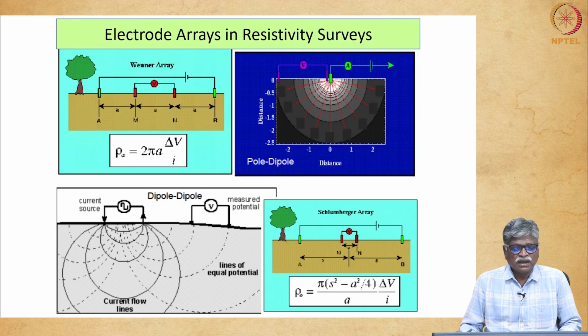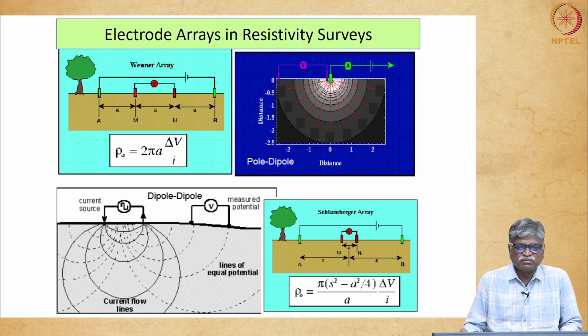These are the configurations. In the Wenner configuration, you do equal spacing, and for every reading you shift all four electrodes at a time. In the Schlumberger configuration, first we fix 0.5 meter, then accordingly we put 1.5, 2 meter, 3 meter, 4 meter.